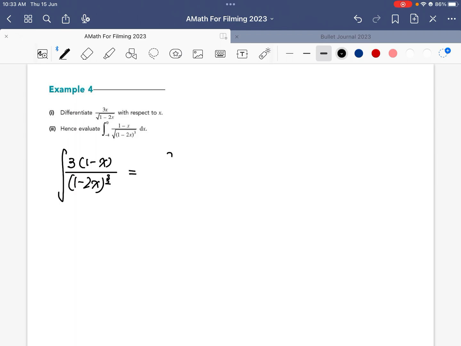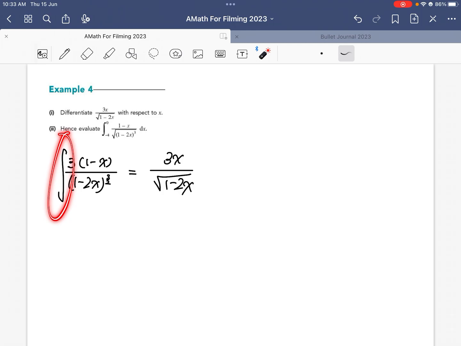So what I do here is 3x over square root of 1 minus 2x. There should be a constant plus c because here I have no values, but once I fill them in, it becomes a definite integral. Now I need to do some modification. Notice that I want to integrate 1 minus x over square root of 1 minus 2x cubed over here.